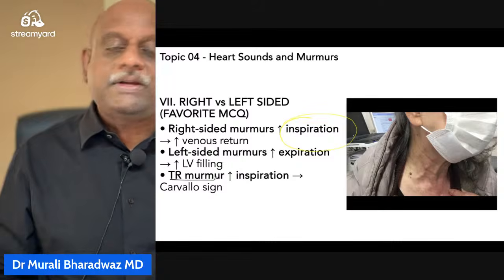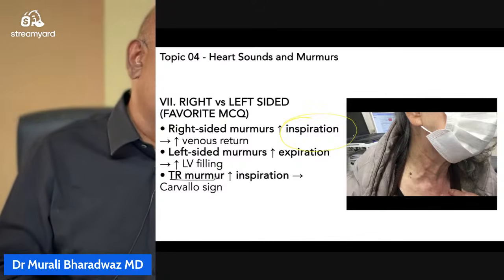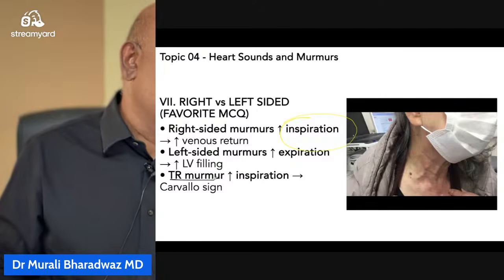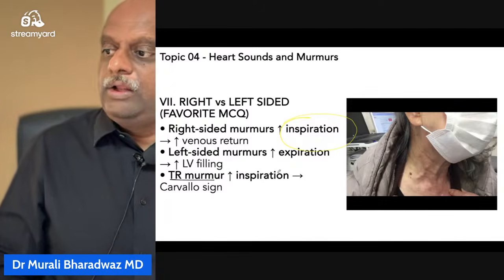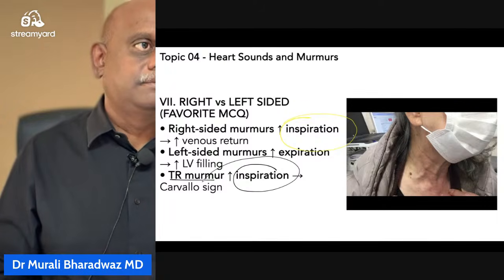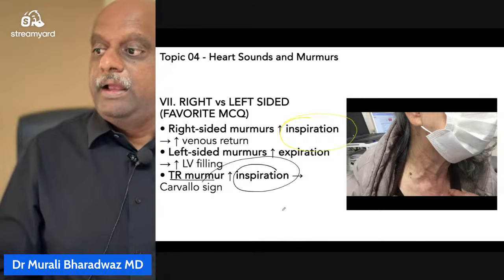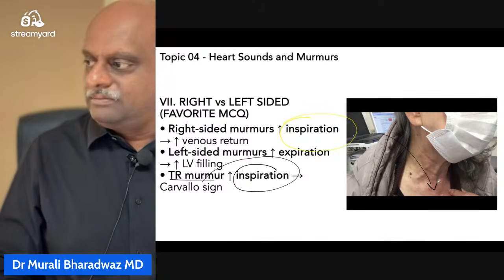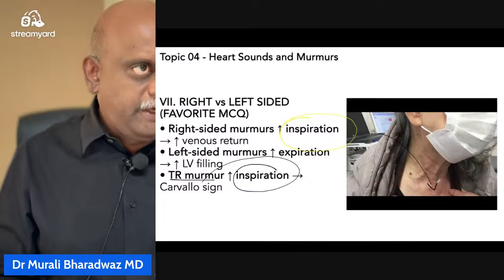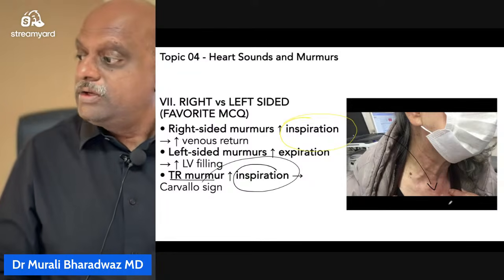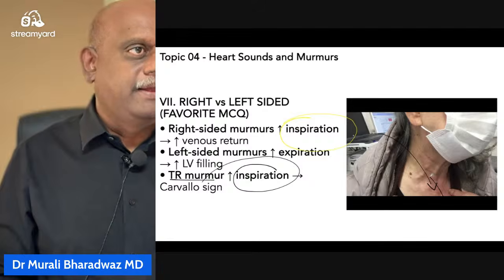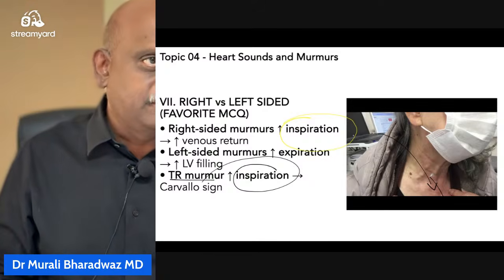And there's a specialty for TR murmur. Is it right-sided or left-sided? TR is right-sided. So when you do inspiration, there is an increased venous return, which is trying to fill into the heart. At the same time, regurgitant blood is also coming into the atrium.